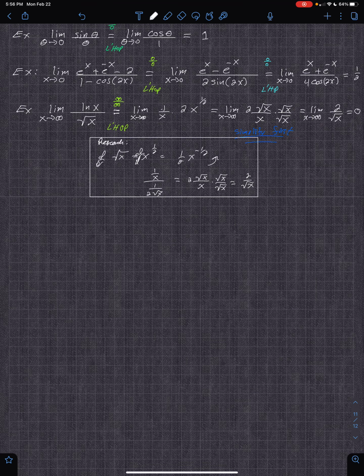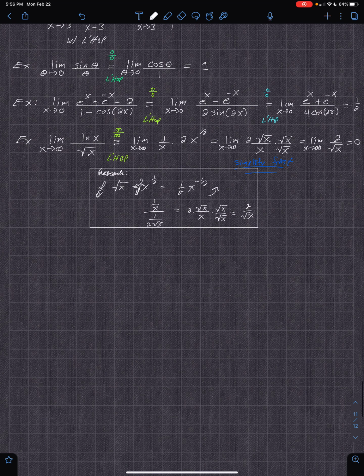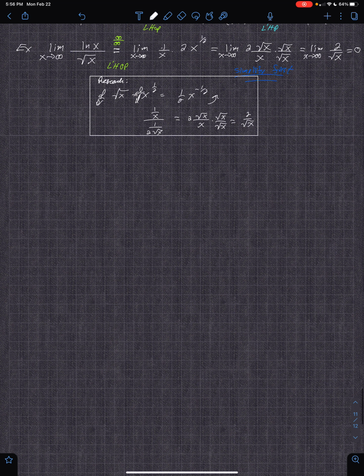Okay. Let's go over one more. We'll do this example next. This is another example, and this is showing what this limit is. So let's take a look at this.